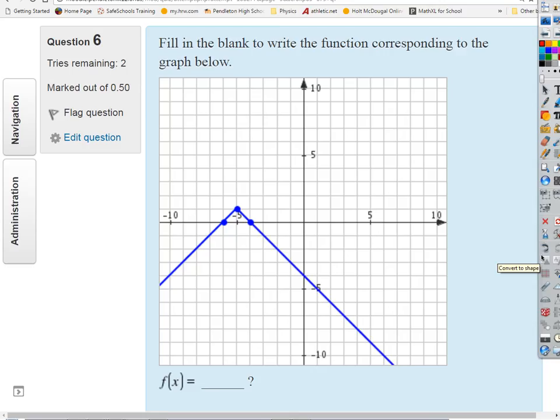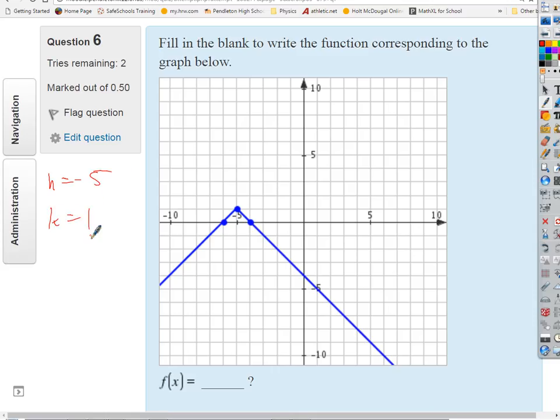Lariah, what's the value of H? So what's the x coordinate of the vertex? -5. Good. Y coordinate? 1. So that's H and K, right? Good. So we have H equals -5, K equals 1.